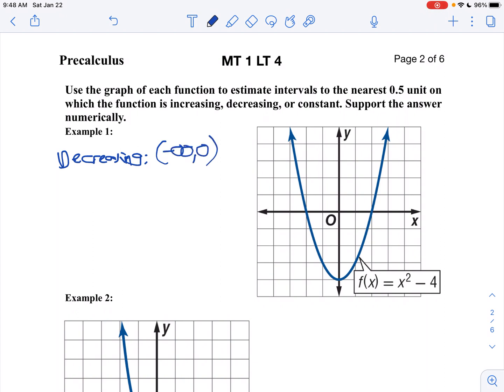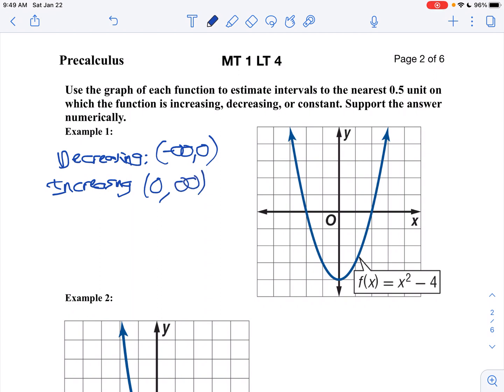Now, you're always going to use parentheses with increasing and decreasing because a function is increasing or decreasing over an interval, not at a certain point. So it'll never be at this point. Then if we take a look here, it's increasing from 0 to positive infinity.